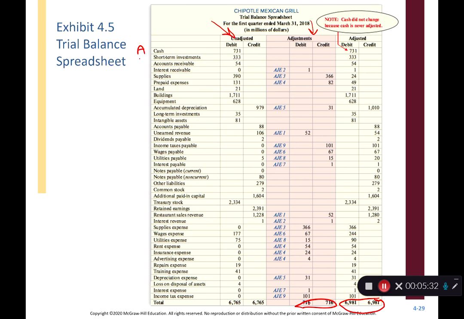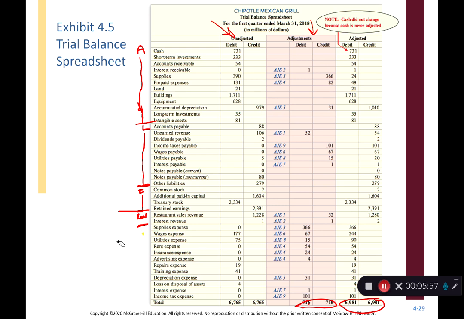So we start with assets, which go down to right about here. Then we have our liabilities, starting with account payable, and that goes down to here. Then we have equity. And then revenue on our income statement.